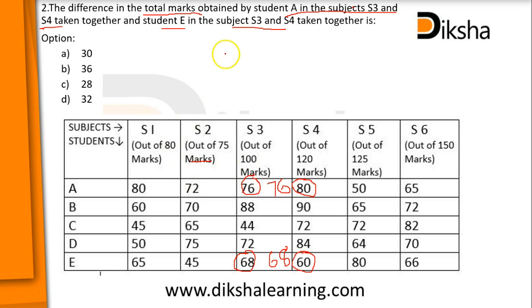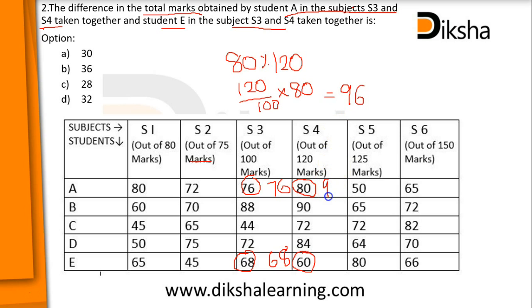With regard to S4, we want to find 80 percentage of 120. To find this, we will use the equation 120 by 100 into 80, and you will get 96.